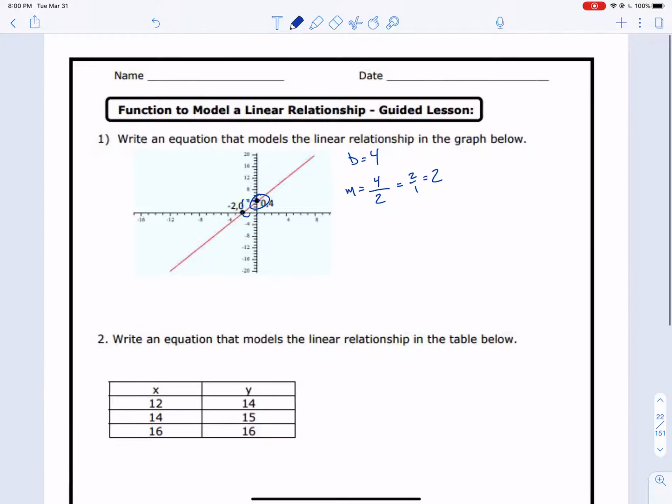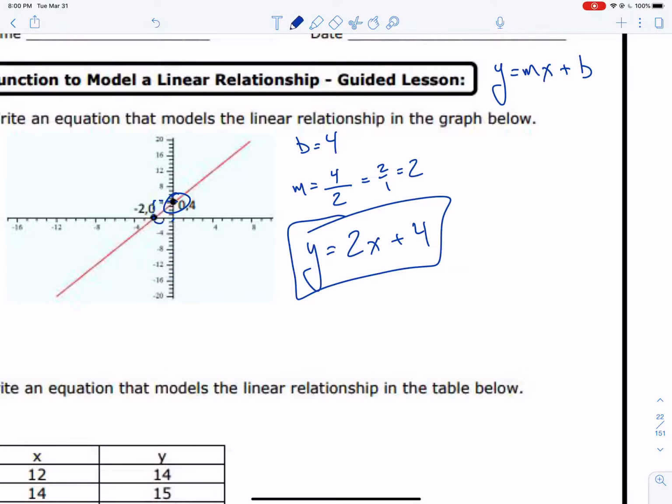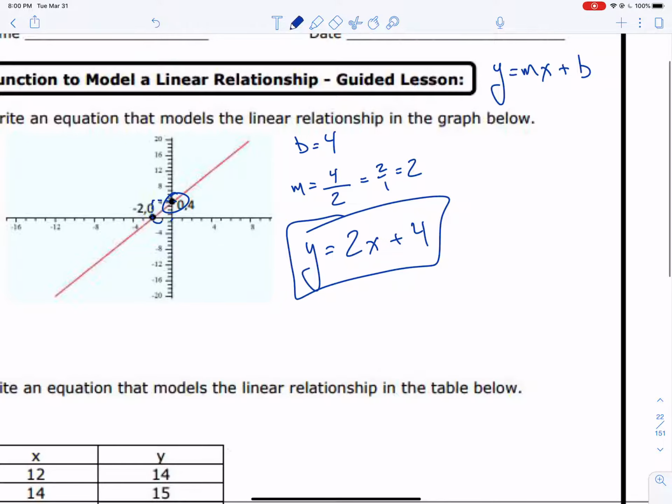So our equation for all of these is going to be y equals mx plus b. Substituting, we get y equals 2x plus 4. Let's check with 2 points. We have 0, comma 4. So when x is 0, y is 4.